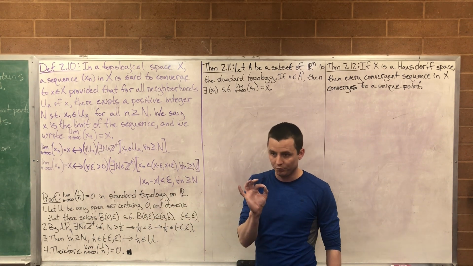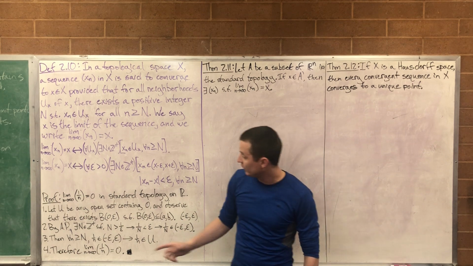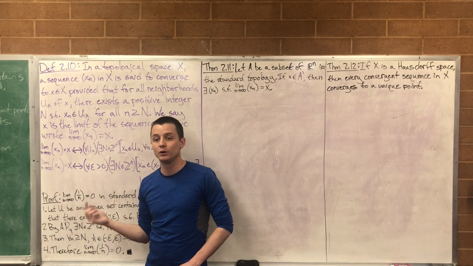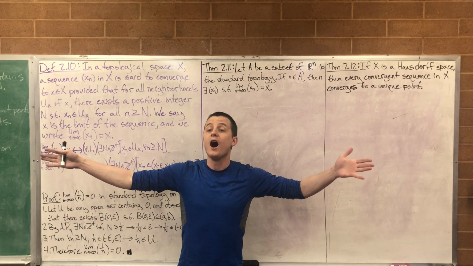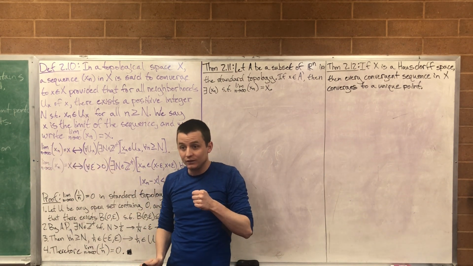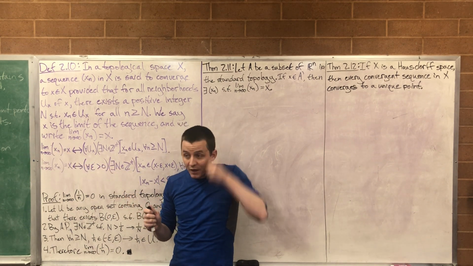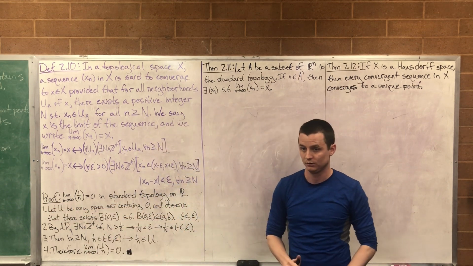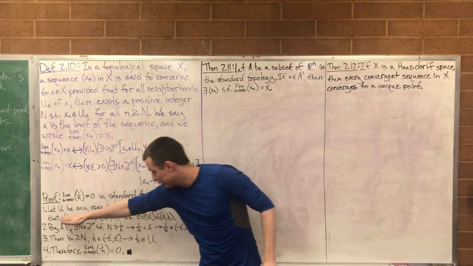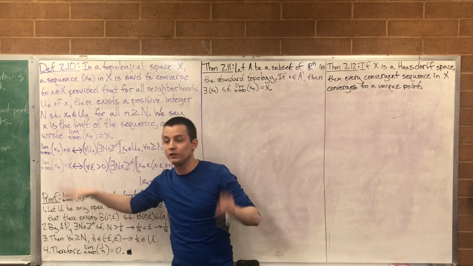What do we need to show? If we're trying to show that this converges to 0, we need to show that for any open set containing 0, I can always find an index in our sequence such that from that index onwards, our sequence is always inside that open set. So we start with any open set U that you want.